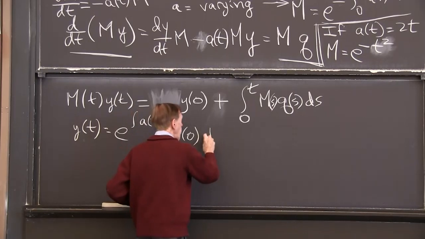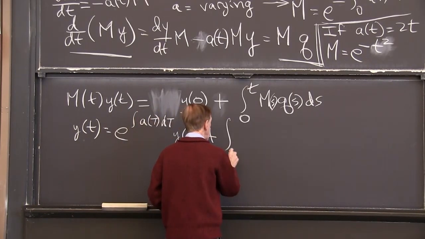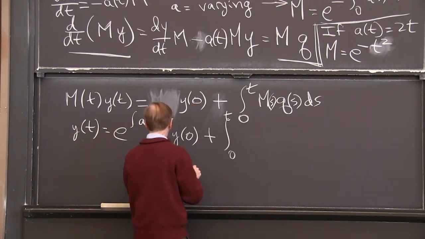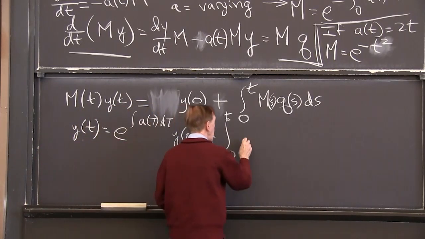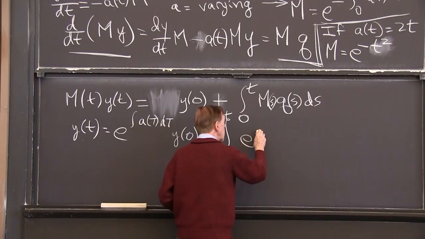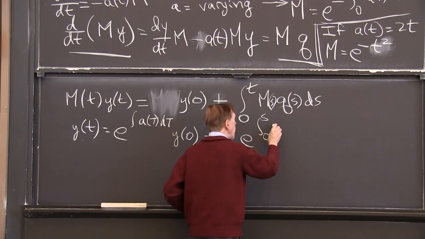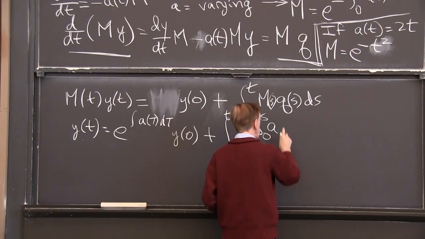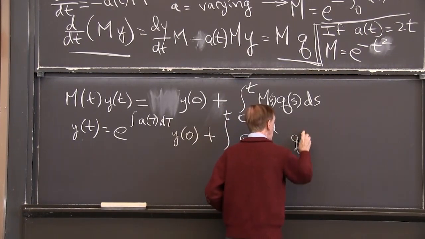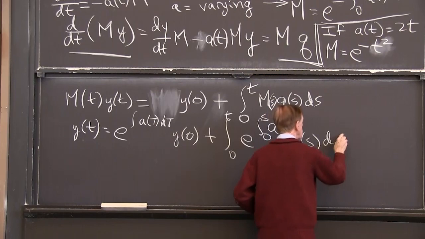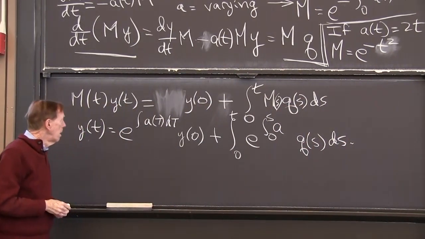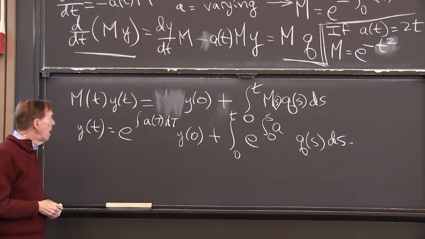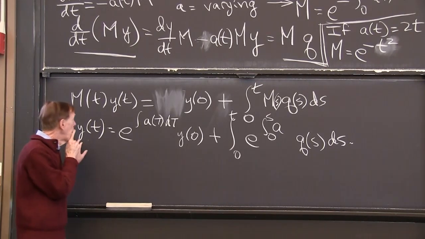And now I have plus the integral from 0 to t of, remember, I'm dividing by m, and that's e to the plus the integral from 0 to s of a times q of s ds. Okay, just a moment.